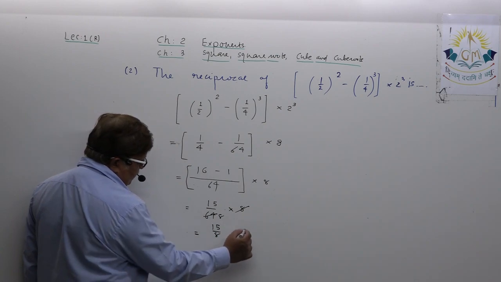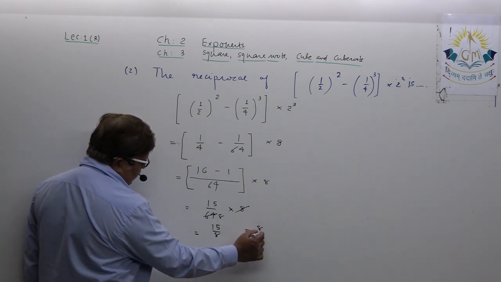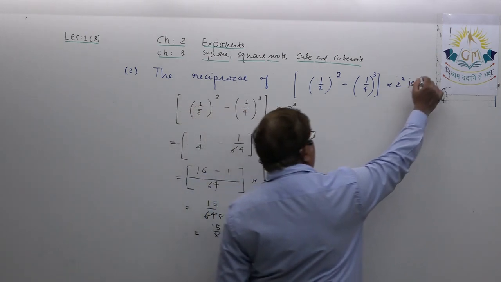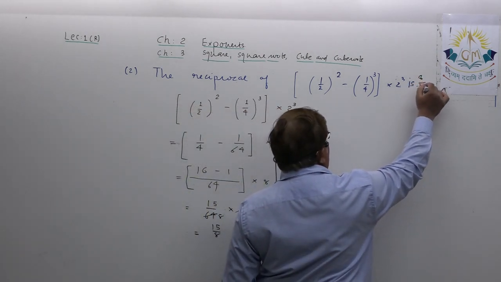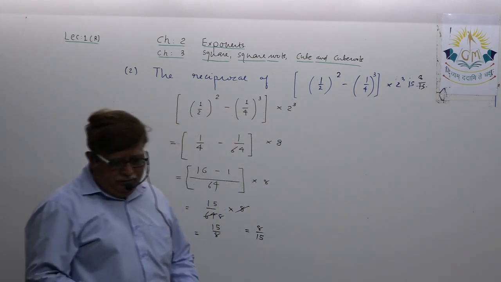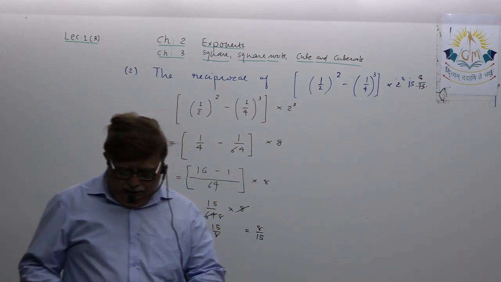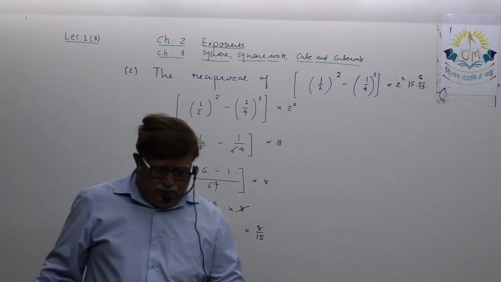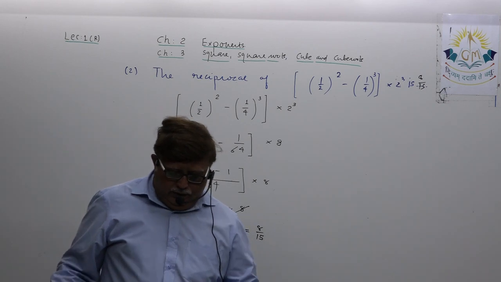So what is your answer actually? 8 upon 15. That is your answer for this particular MCQ. You just verify with the example you have already solved by yourself. Understood?